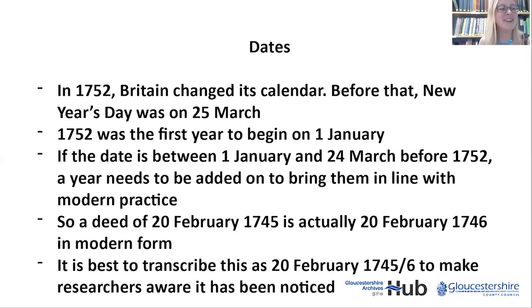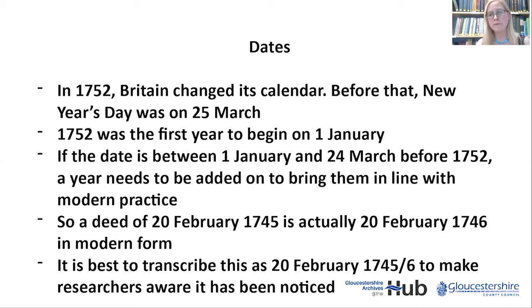Dates. I'm not going to spend long on this because it's a bit of a minefield. If anyone's interested, we've got a handbook of dates in the archives by Cheney, which is our very useful little reference book for working out dates based on things like regnal years. So a lot of documents would say the 10th year of the reign of King George III on this date, and you'd need to look at the years in that book and work out what the year would be.